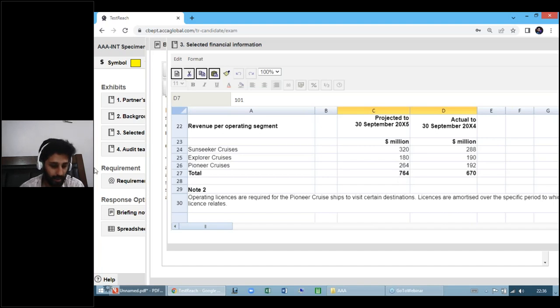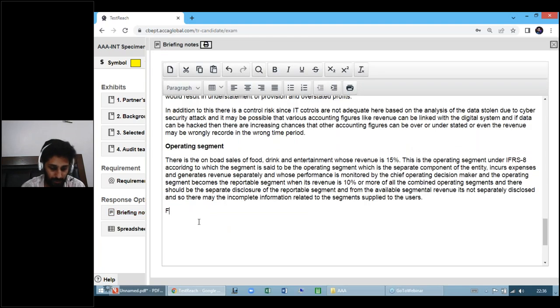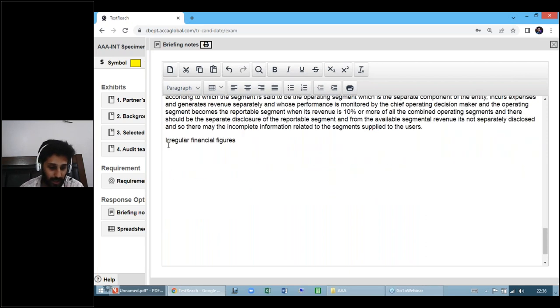And you can write this: irregular financial figures.